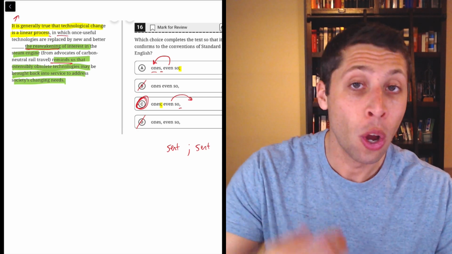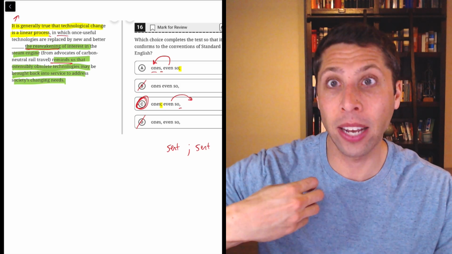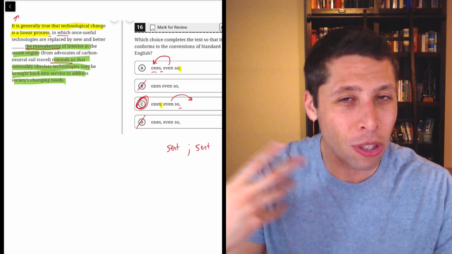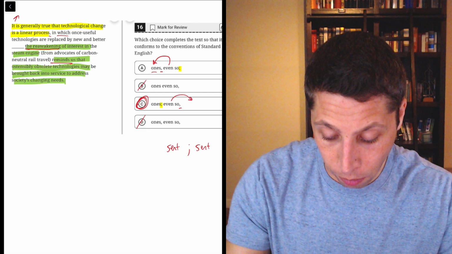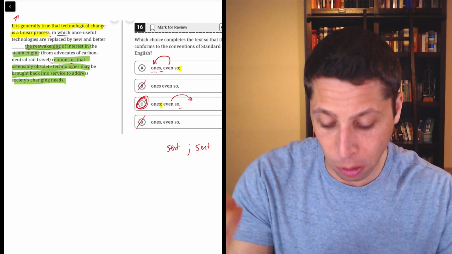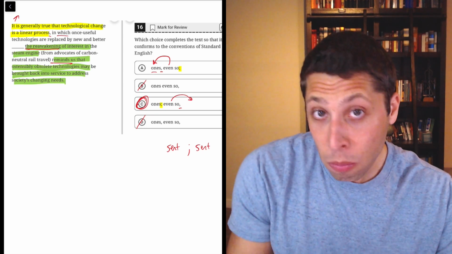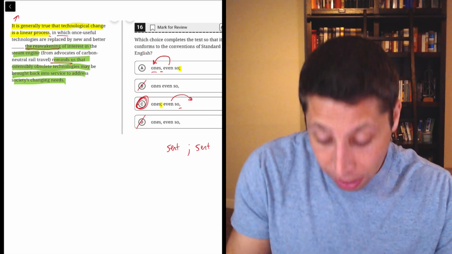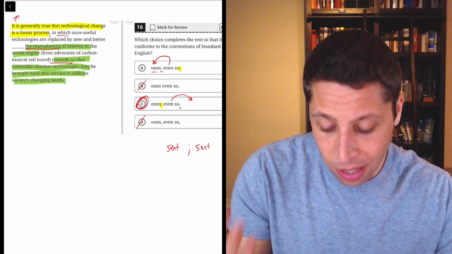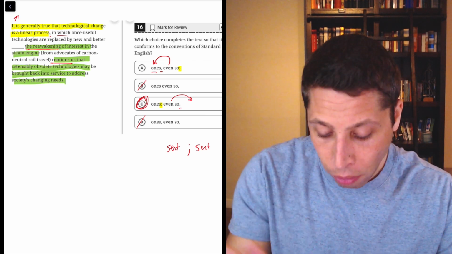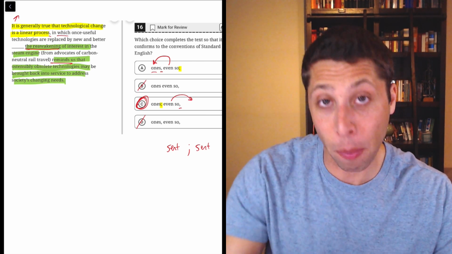But for now, it's helpful to just hear that the second piece is a bit of a contradiction of the first part, right? It is true that technological change is a linear process, right? Old stuff is replaced by new stuff. Even so, still, but, however, the reawakening of interest in the steam engine and old technology reminds us that these things can be brought back into service.